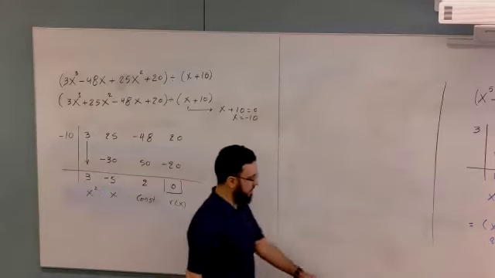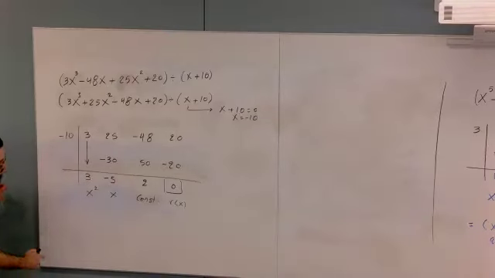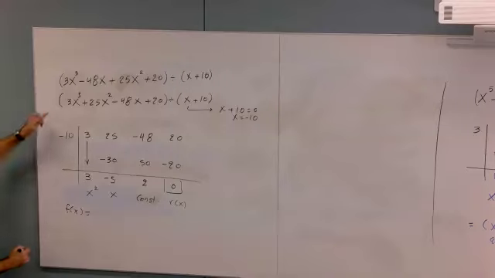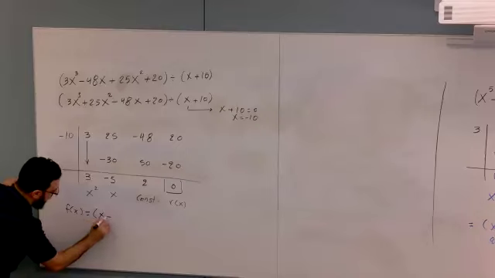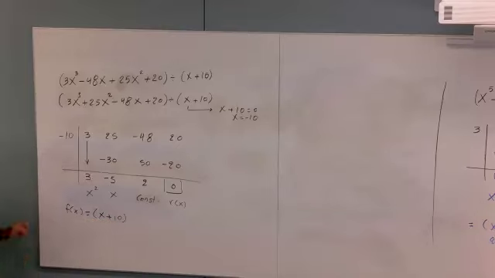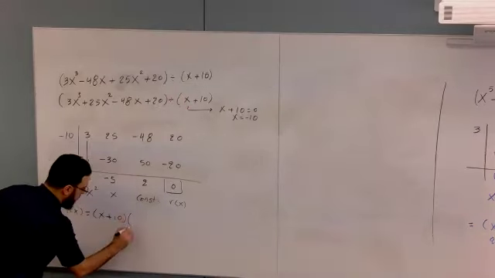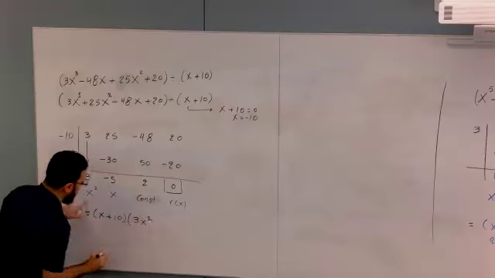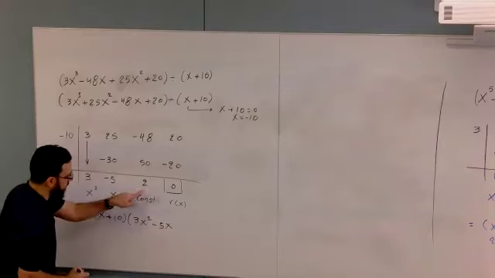So now I can write down the polynomial as f of x equals. D of x is the divisor, yes or no? D of x is the divisor, times the 3x squared minus 5x plus 2.